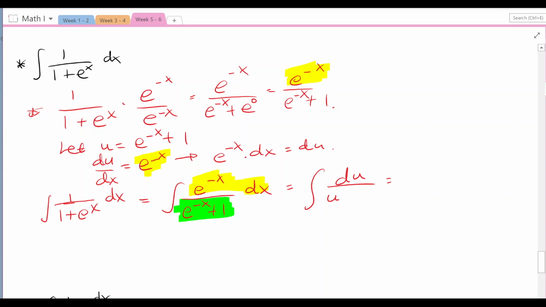So in this case, I keep forgetting that the integral of the derivative of u, negative x, becomes negative e to the x.